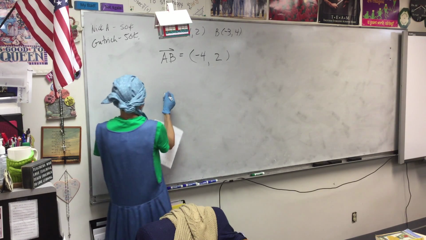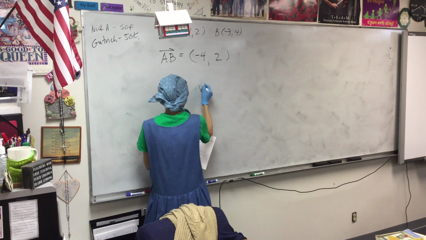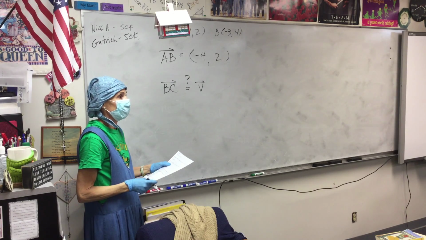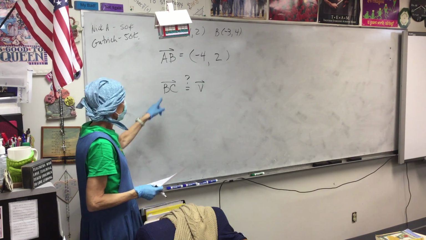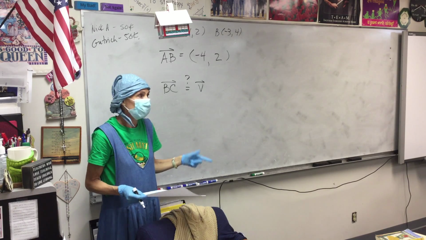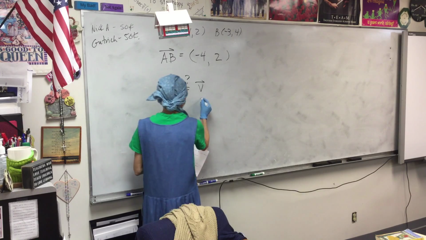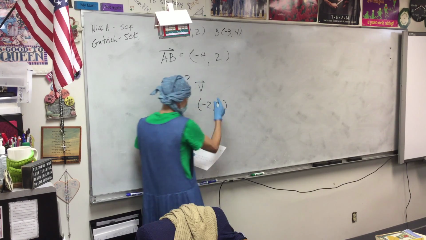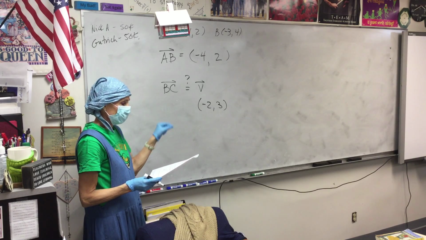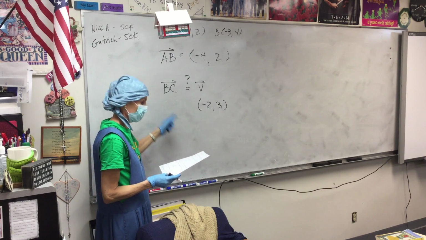Now, question number 2 says, are BC and V equal? Why or why not? Now, if they are going to be equal, then don't they have to move the same way? We already know that V is negative 2, 3. It tells me that in the problem. I need to figure out what happens with BC. So here we go again.